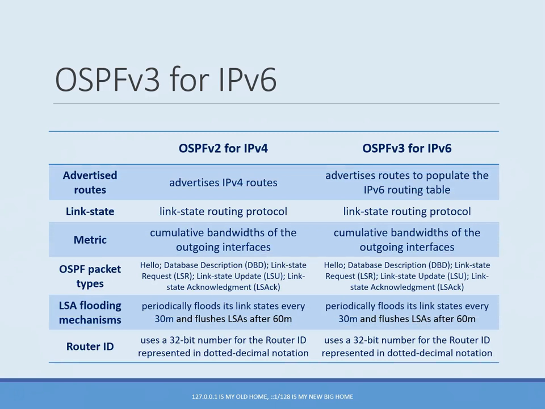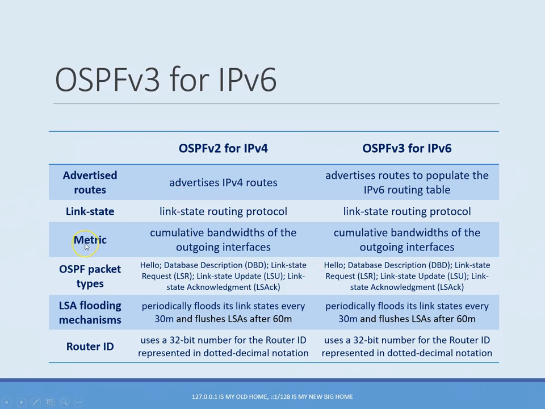In terms of comparing the two protocols, OSPFv2 and OSPFv3, in terms of advertised routes, OSPFv2 advertises IPv4 routes, while OSPFv3 advertises routes for IPv6. For the link state, OSPFv2 and OSPFv3 are both link state routing protocols.